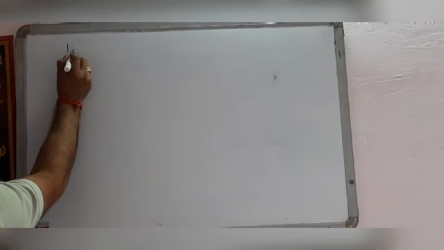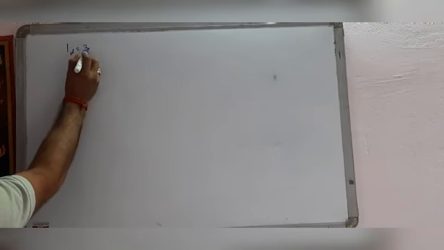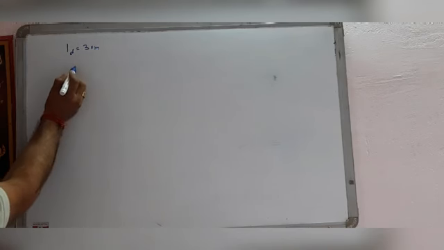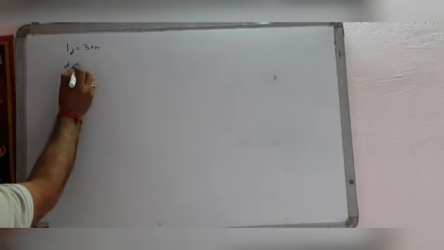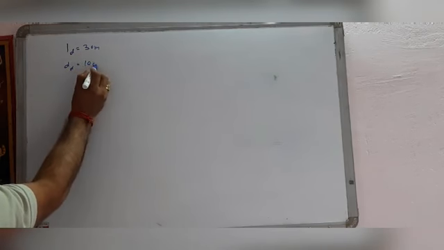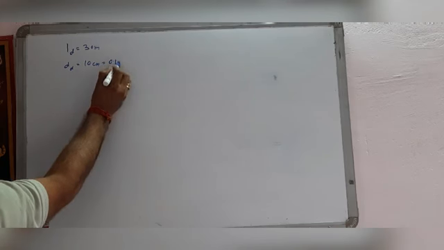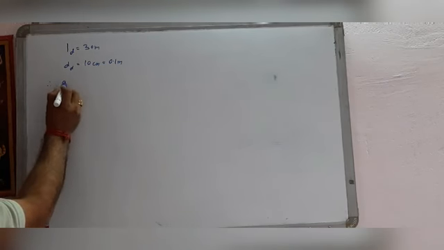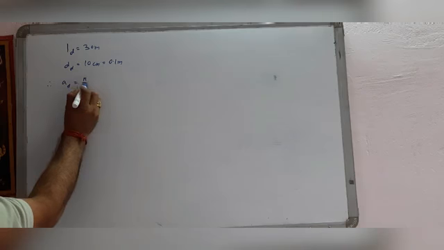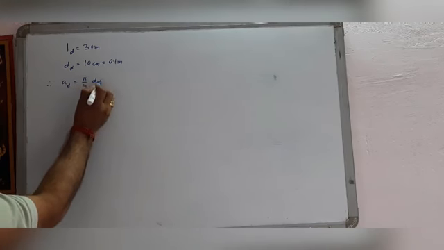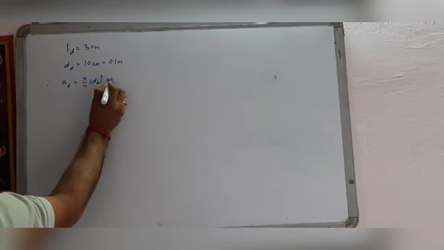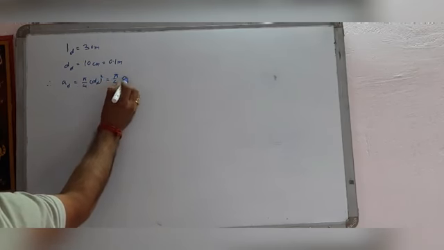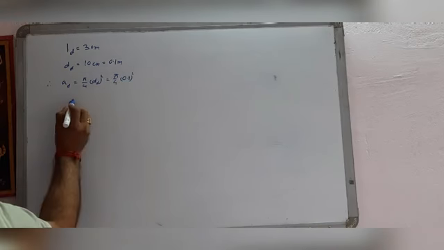the pressure head in the cylinder at the end of the delivery stroke. Here the data given are: length of delivery pipe is 30 meter, diameter of delivery pipe is 10 centimeter equal to 0.1 meter, and area of delivery pipe equal to pi by 4 d square, equal to pi by 4 into 0.1 square.